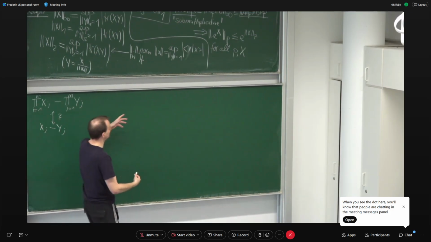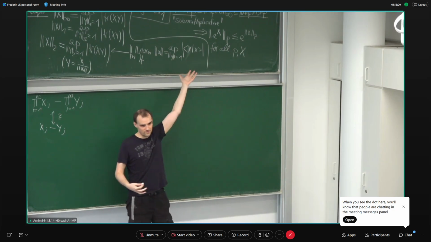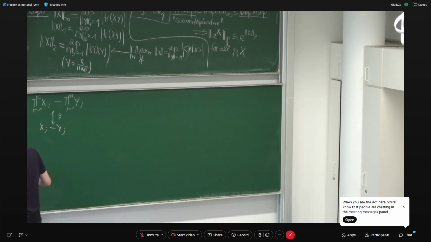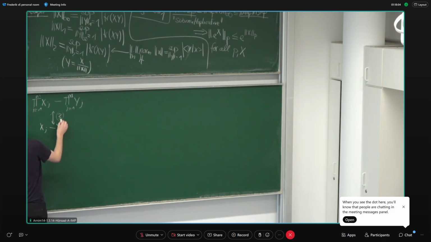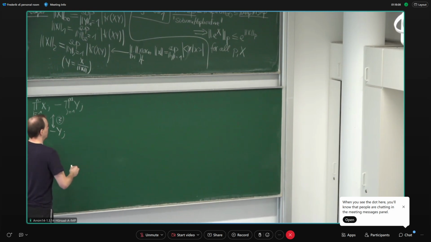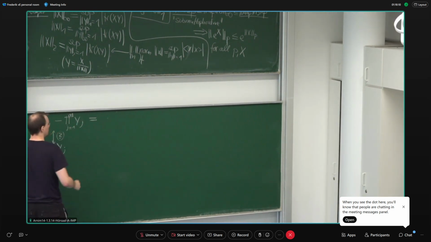But of course, this is exactly what this property is doing. So the question: can we bound or quantify this by this expression? And indeed you can. This is sometimes known as the telescope identity.